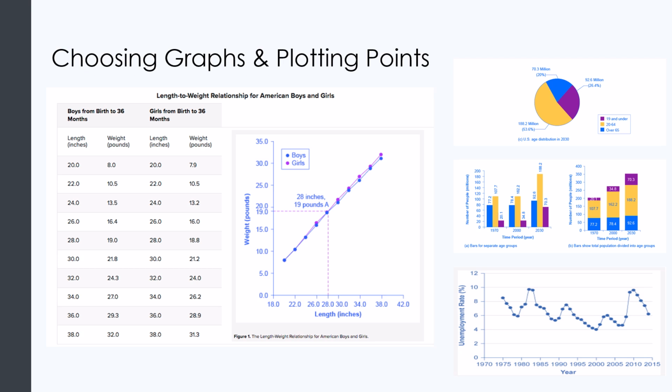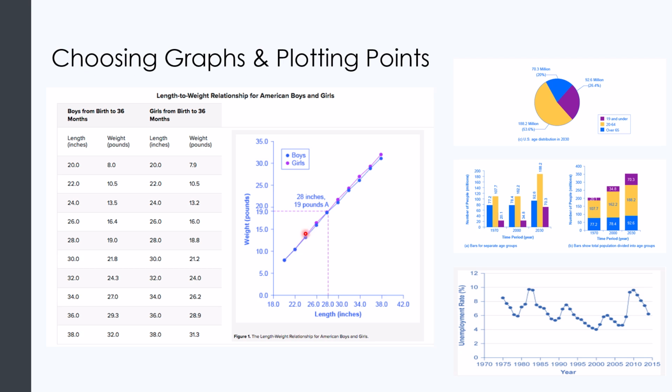So the first dot, right, the boys and girls were so similar, they pretty much overlapped each other. This is the point 20 inches and approximately 8 pounds. And then they just went right down the list. There's 22 and 10.5. The babies stayed loosely the same, right?